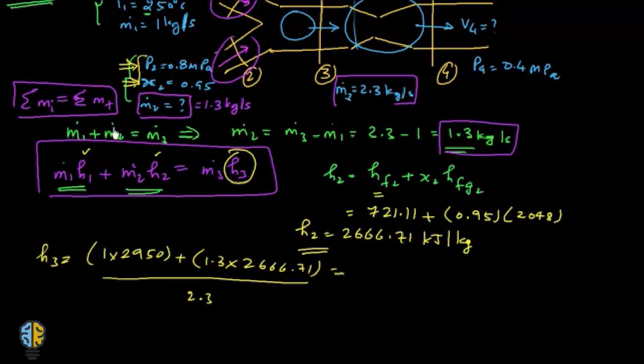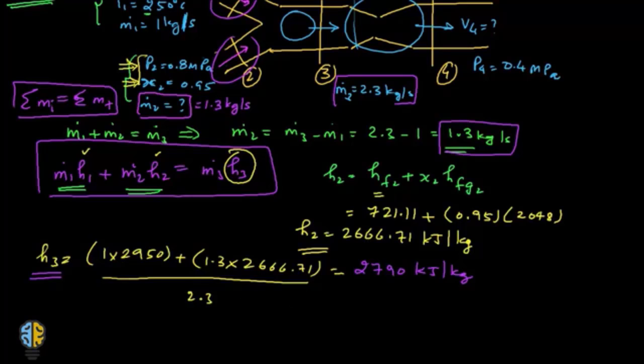When you do the calculation with your scientific calculator, the value of h3 would come out to be 2790 kilojoules per kg. So this is the condition after the mixing. This is what you needed to find out.